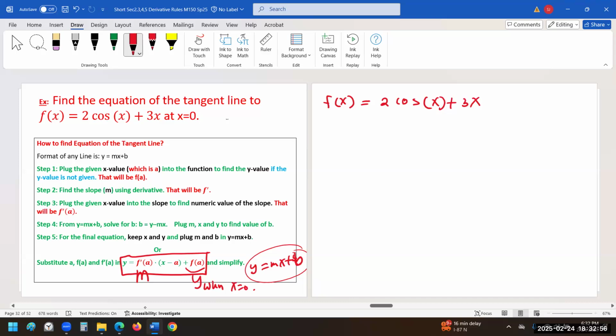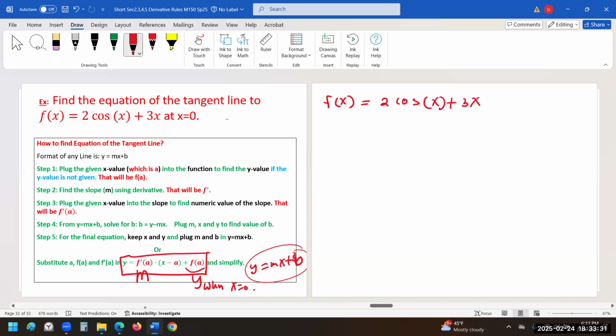So this is the derivative at 0, and your y value is 2. Okay, so your equation is y equals mx plus b. x and y, they are fixed. So m is the derivative. What's the derivative?